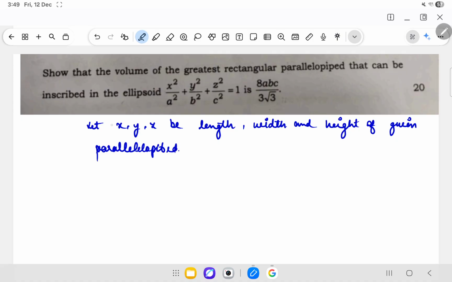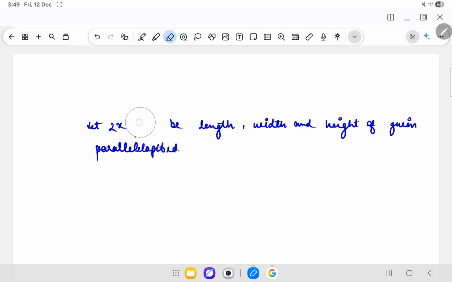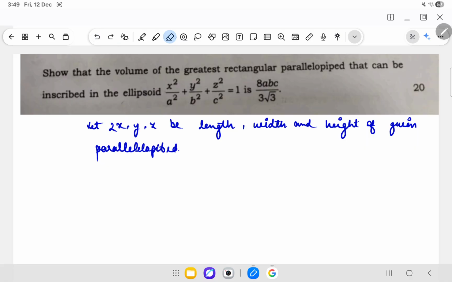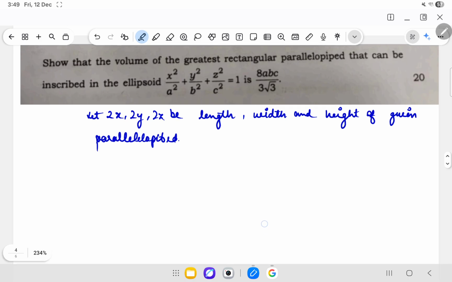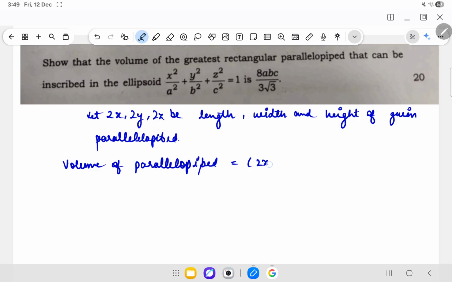Or let's just say that 2x, 2y and 2z be the length, width and height of the given parallelepiped, because that will make calculation a bit easier. So the volume of the parallelepiped will be 2x times 2y times 2z, which equals 8xyz.